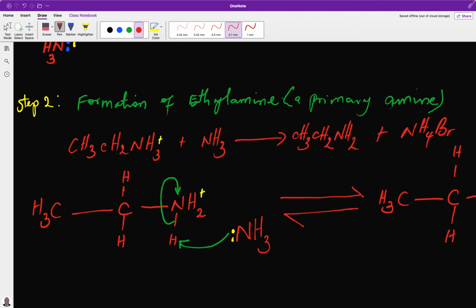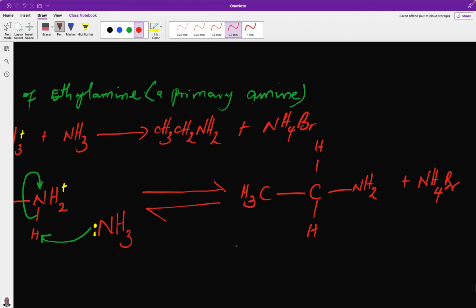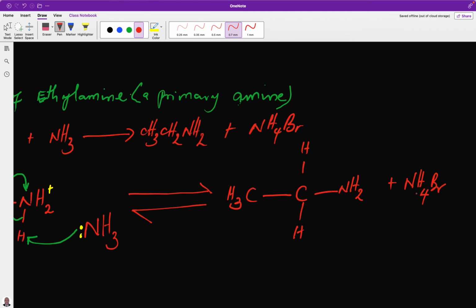Electrons in this bond are taken by the nitrogen, and the hydrogen splits off with no electrons. Nitrogen benefits by attaching itself to the lone pair of electrons of this ammonia. What will be formed? This is the NH4 that is formed.